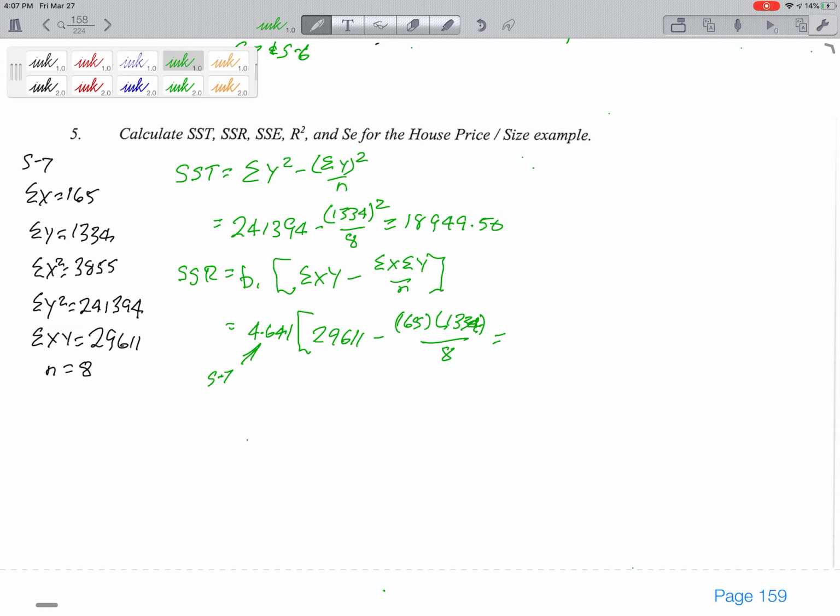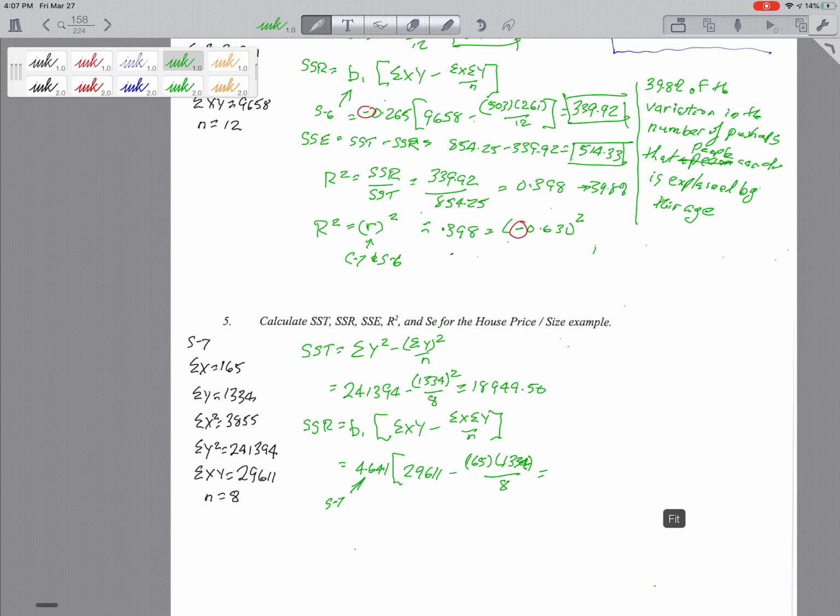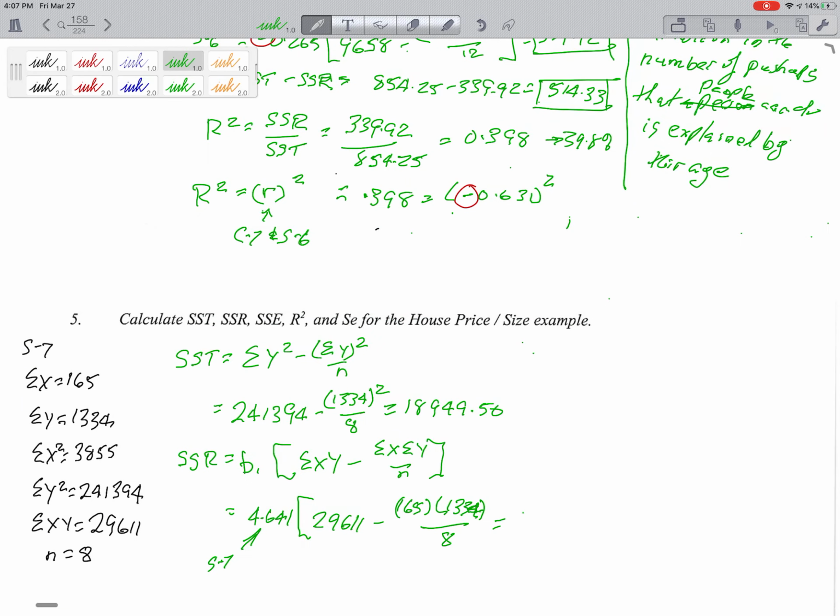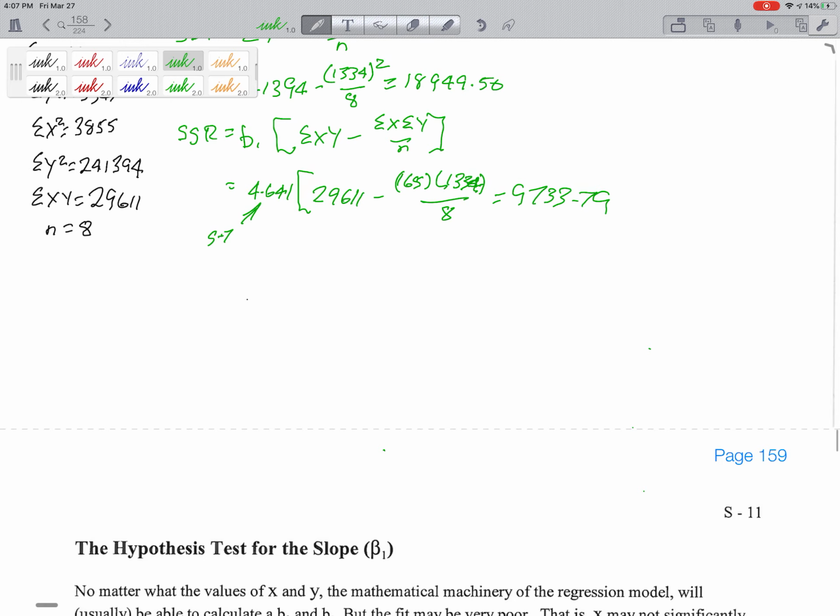And that comes to 9733.79. And then SSE will be SST minus SSR.